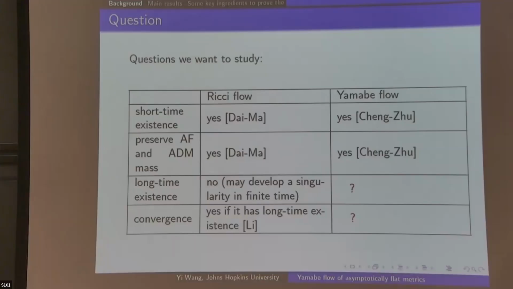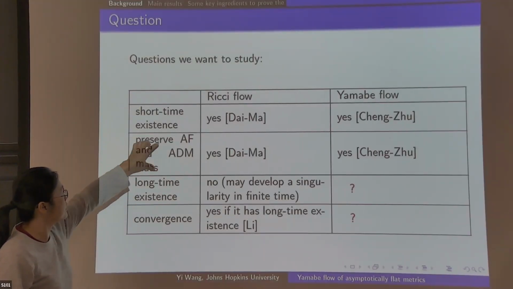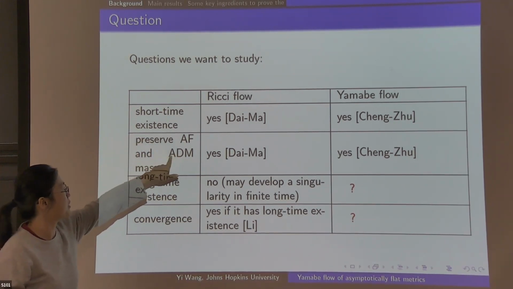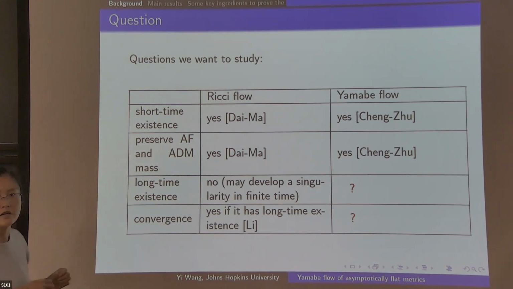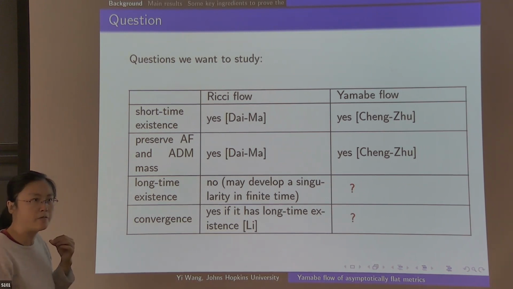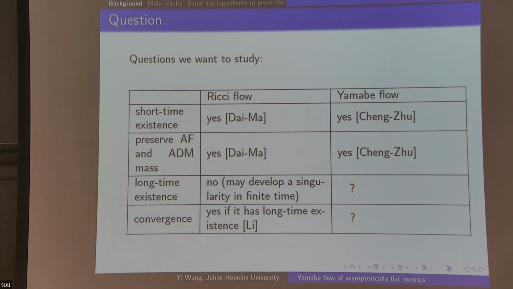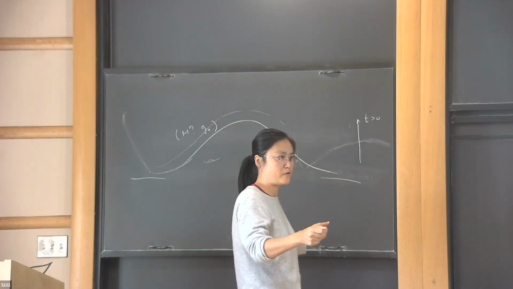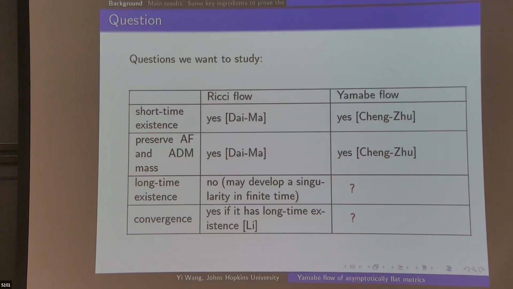And what about the mass? It's really interesting to see that from pure computation, one can know that the ADM mass is actually preserved under the flow in a lot of cases, depending on the dimension and the range of tau. People then wonder what happens. We have the positive mass theorem in mind, so we start from an arbitrarily shaped manifold, run the flow, and the mass stays the same.